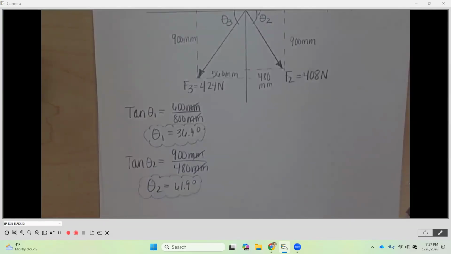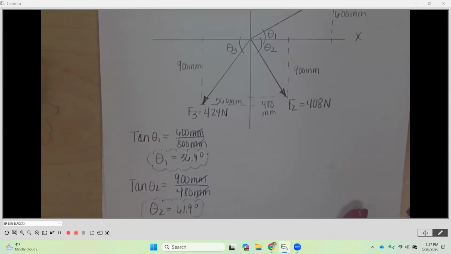And then go ahead and calculate theta 3.